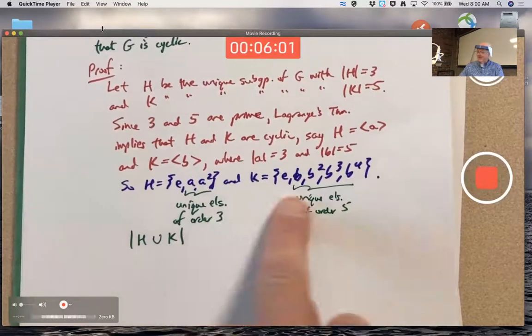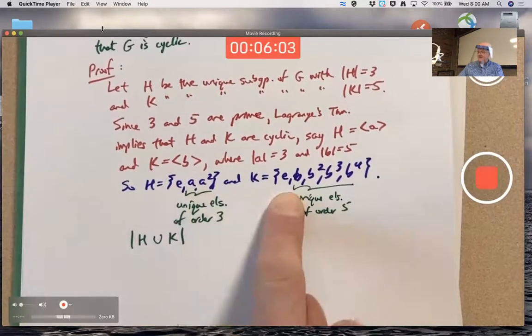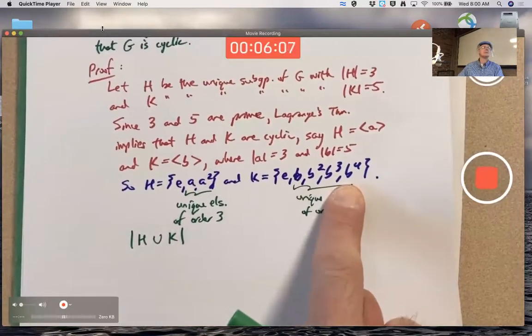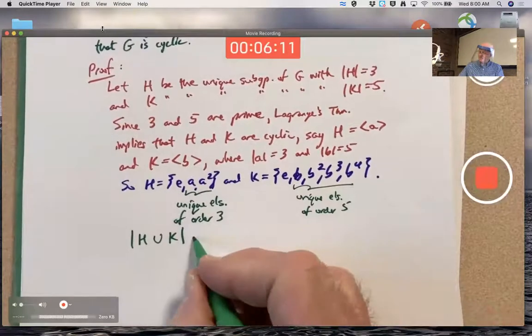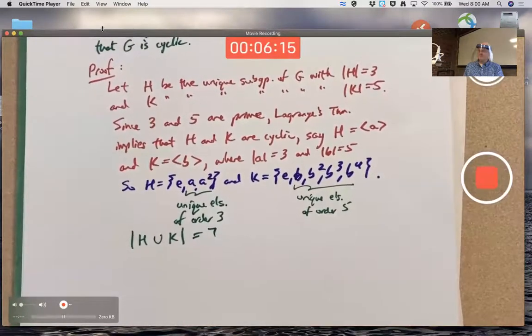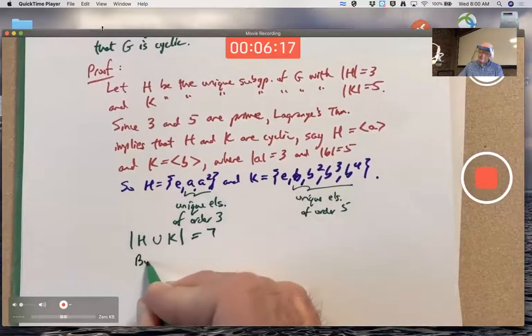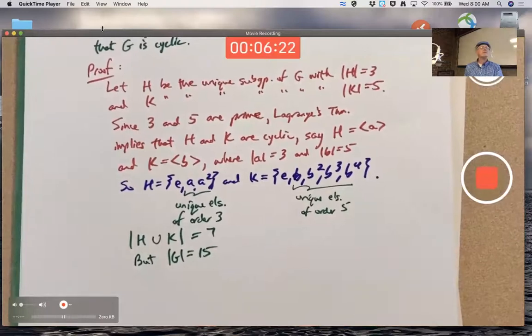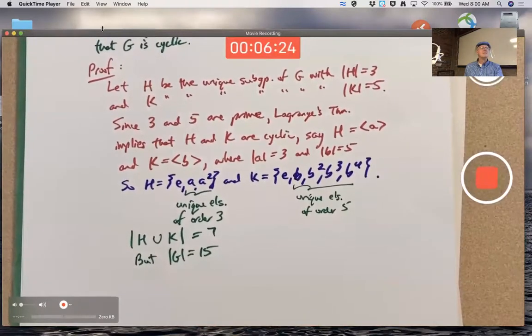And the only thing they have in common is just E, right? Because these things have order 3, these things have order 5. They can't be the same elements. So the number of elements total here would be 7. But the order of G is 15. There's 8 more elements that haven't been accounted for.